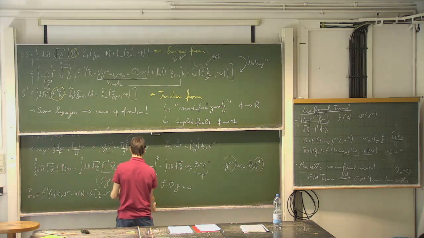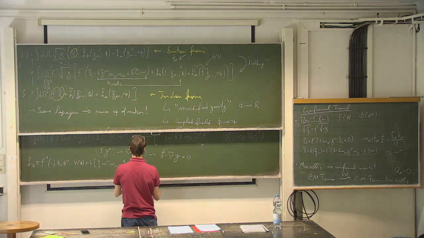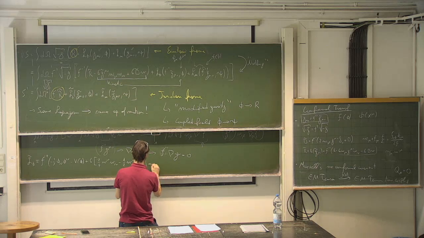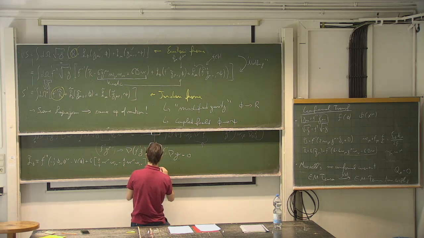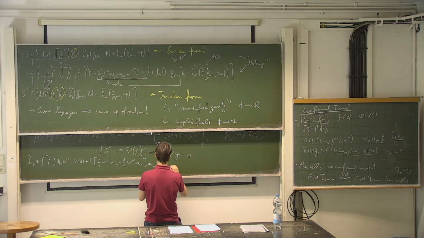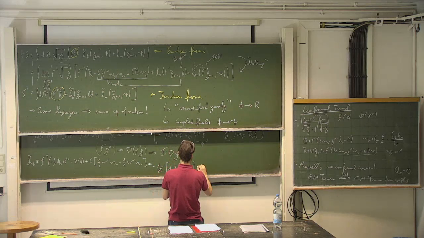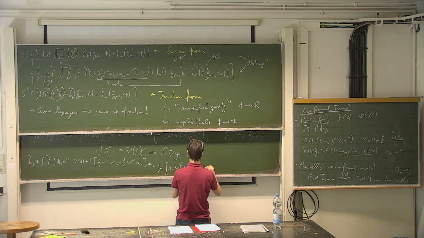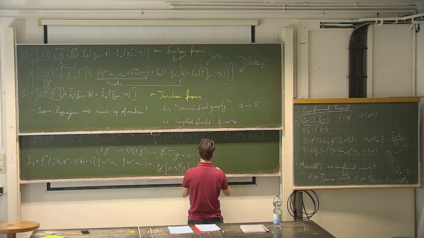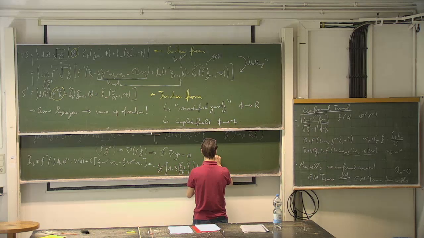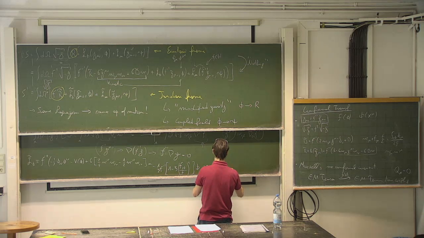Okay? Then it's just a matter of reshuffling, and you end up finding this expression: minus 1/2 f⁻¹ (1 - 3 f,φ²/f²) φ,μ φ,μ, minus f⁻² V(φ).